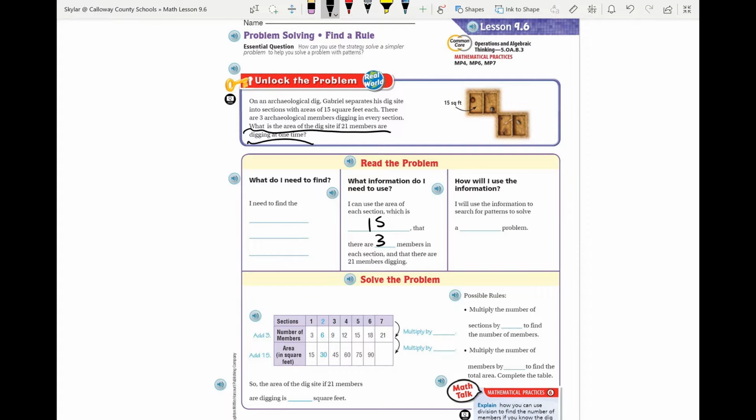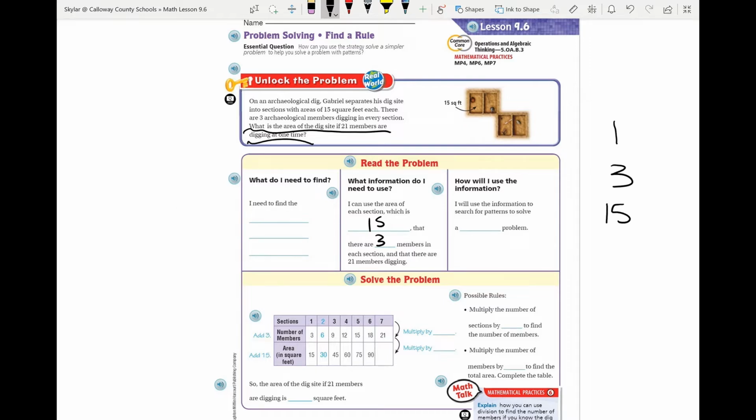So how we can organize that is vertically, up and down, kind of like they've done it. We know that there is one section. We know that there is going to be 3 members in each section. And we also know that each section has 15 square feet of area.